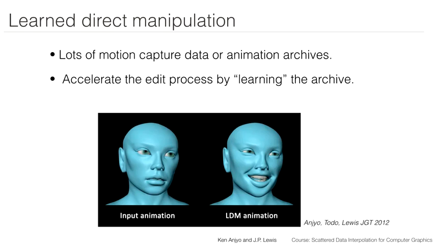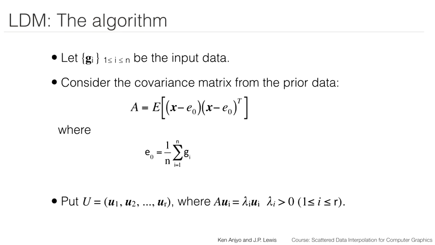So to do this, we also made a learning version of direct manipulation blend. We refer to it as LDM here. So we suppose that lots of motion capture data are given in advance. And we also introduce the direct manipulation method to make a better face or new variations of facial expressions. So in that case, we learn something from the prior data.